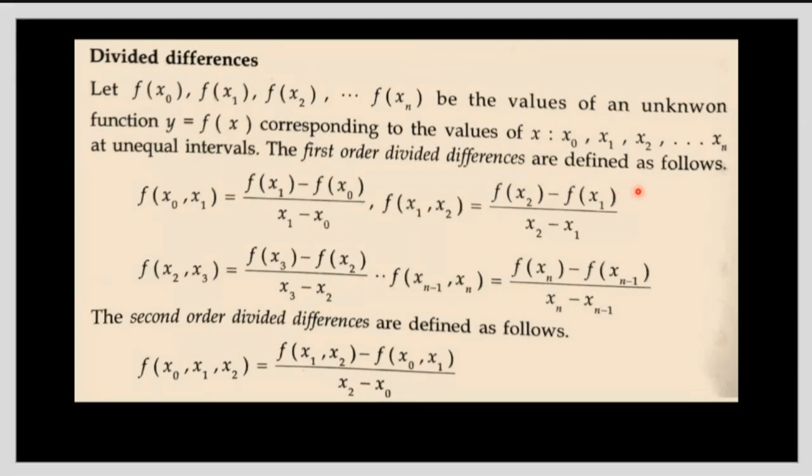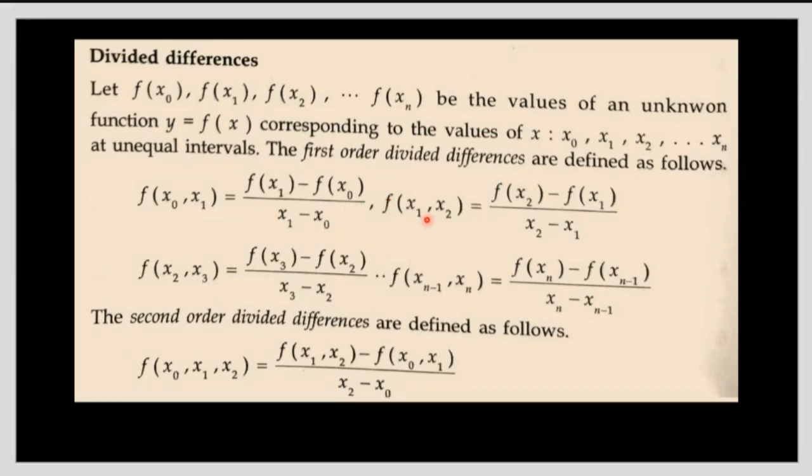How will you define that? f of x naught comma x1, taking the difference between these two variables: take the second ordinate minus the first ordinate, so f of x1 minus f of x naught divided by x1 minus x naught.